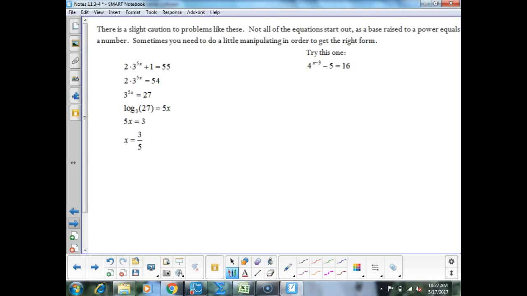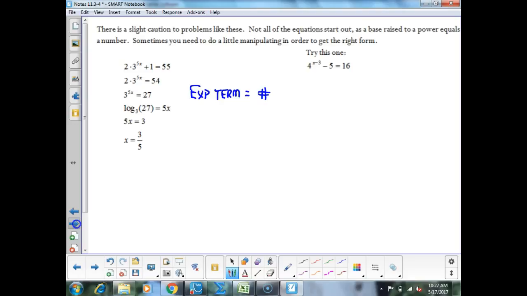Okay? The first thing, when you're doing this third type of problem, is you want to have your exponent term equal to some number. And that's it. You don't want anything else. You want to isolate that exponented term.